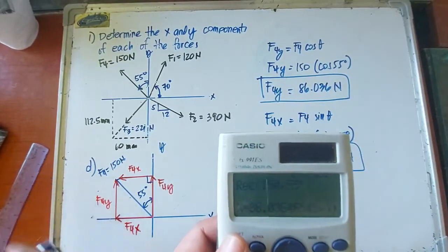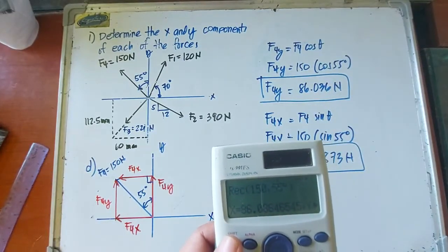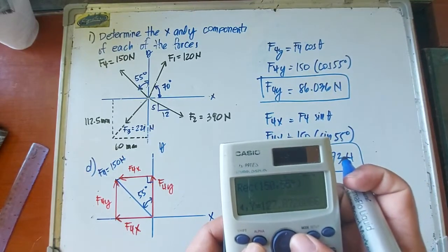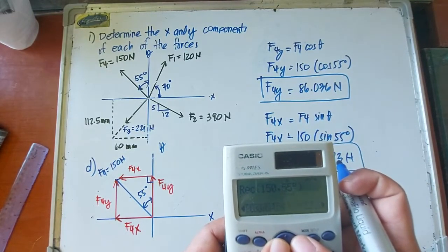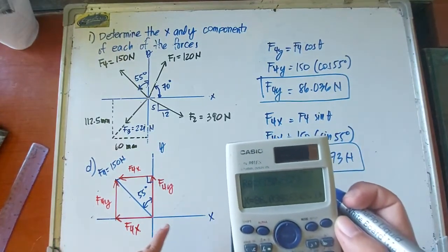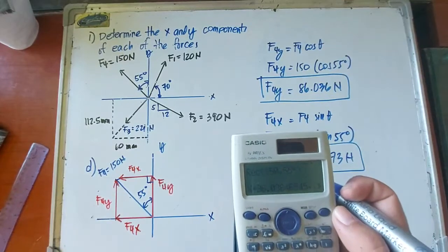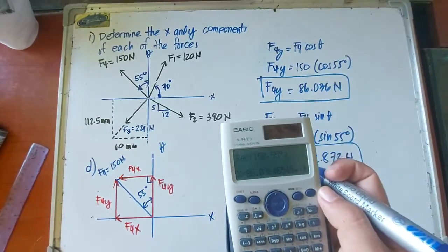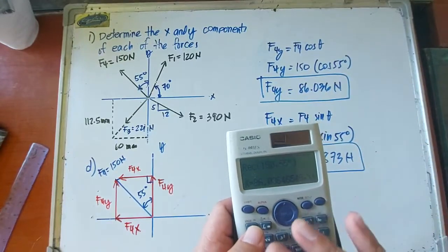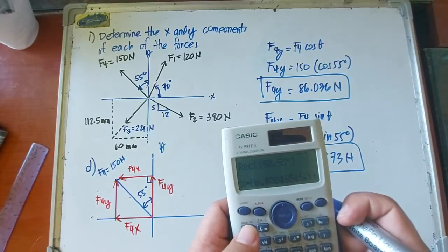So yung X component natin is actually our Y component, and yung Y component natin is the X component, kasi ang basis natin before is the direction or the angle is measured from the X axis. So you can also use this, so make sure na babaliktarin nyo yung values.